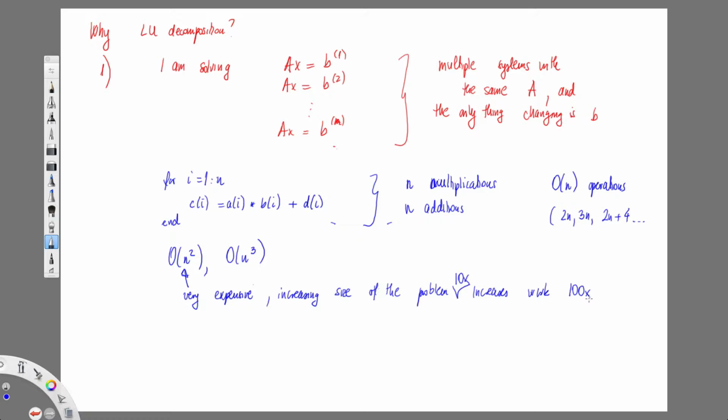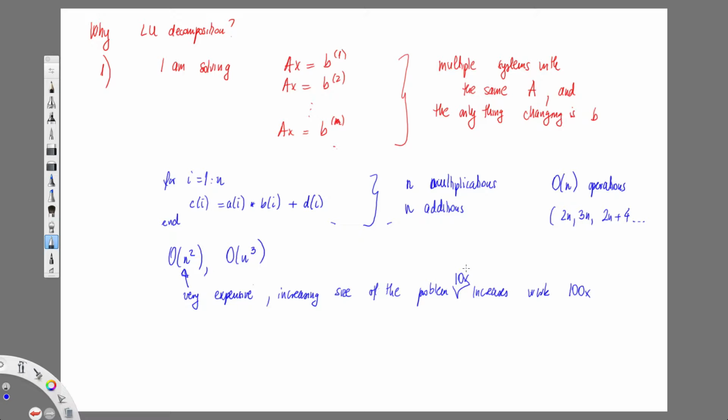Yes? So is it for N or is it for the exponential? N is just the size of my vector, or the size of my problem. In solving Ax equals b, N would be the size of the matrix A, so the linear size of matrix A. Increasing the size of the problem 10 times increases work 100 times.